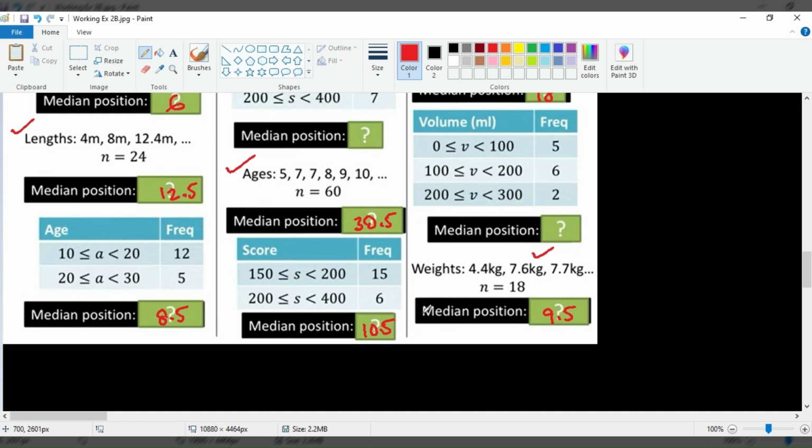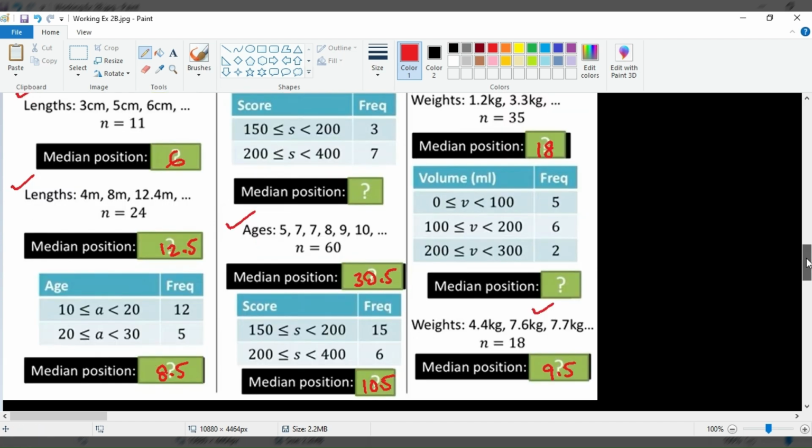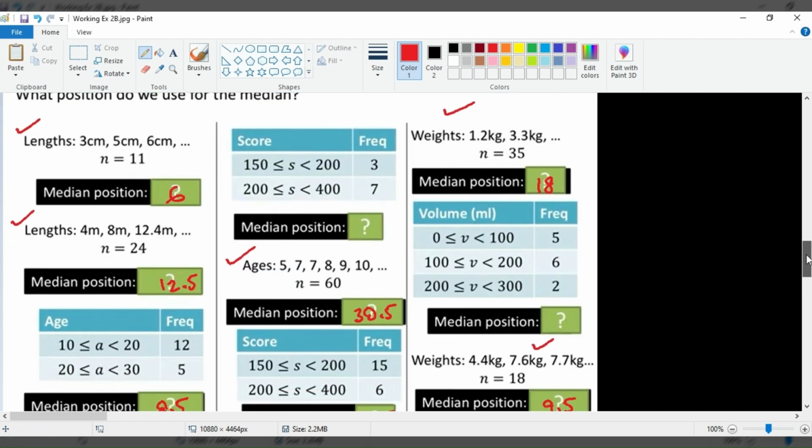If I'm wrong, do this correction. Here, 7 plus 3 is 10. 10 divided by 2 is going to give us a 5. And next is 5 plus 6, 11, 12, 13. 13 divided by 2 is going to give us 6.5.